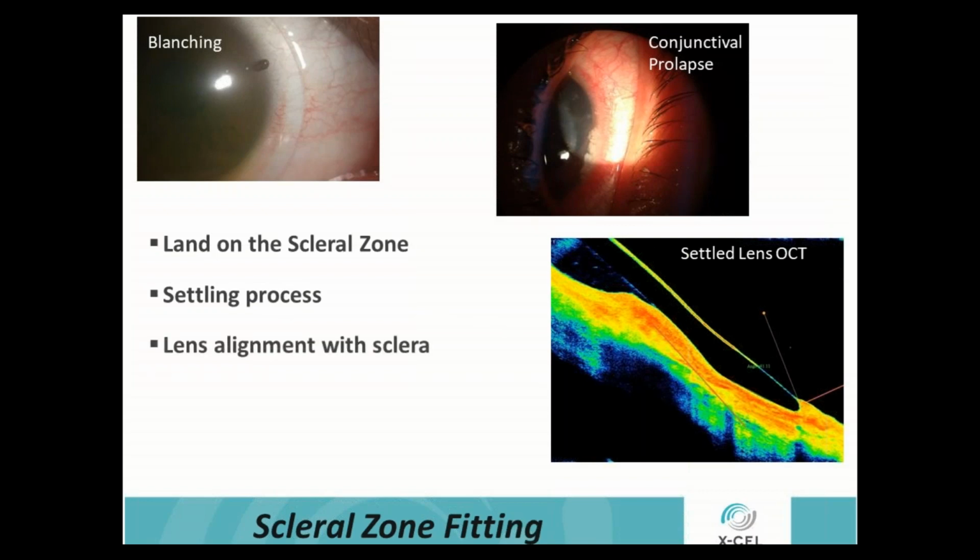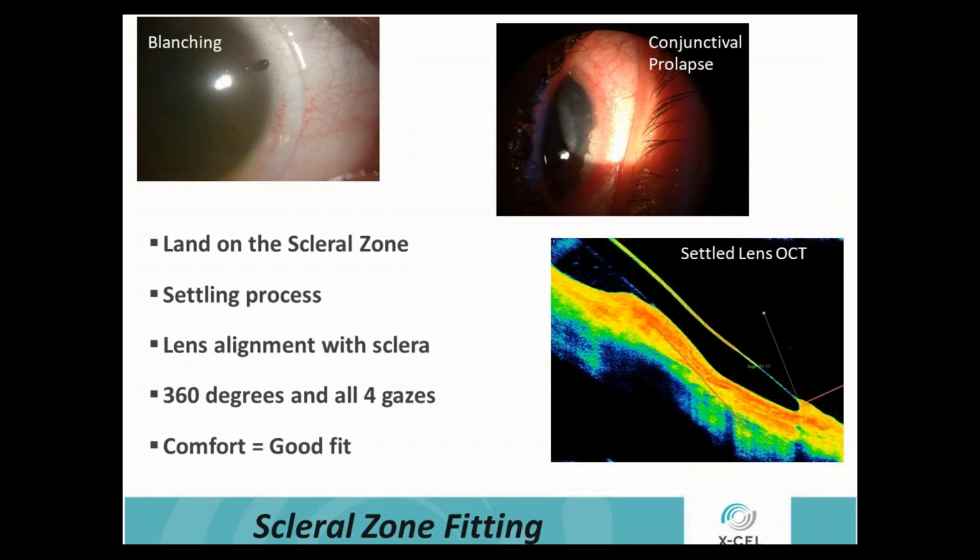So alignment with the sclera, very important. We want to make sure we're looking 360 degrees. So all the way around the lens, and check all the gazes. Patients are not always looking straight forward all the time. So we want to make sure that we're looking in all 4 gazes. We want to make sure all 4 gazes when we're doing that evaluation.